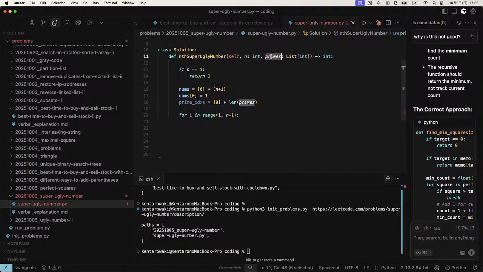Candidates is the primes array, so we can use this array as the candidates array.